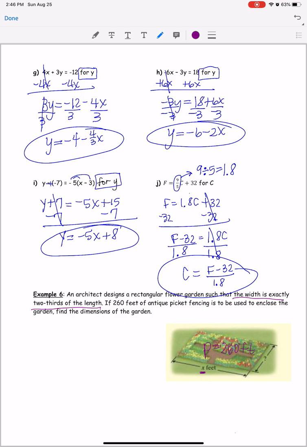That's your starting point. So then how do you represent that the width is exactly 2/3 of this X length? That's going to look like 2/3 X. So then we have X feet up here and 2/3 X feet over here as well.